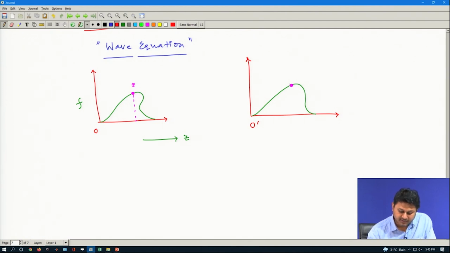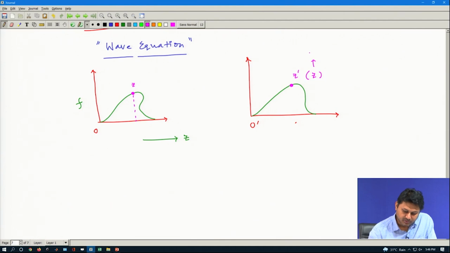He can also measure this coordinate, which is simply z prime in the primed frame. And this is the same coordinate, z, with respect to the fixed frame.